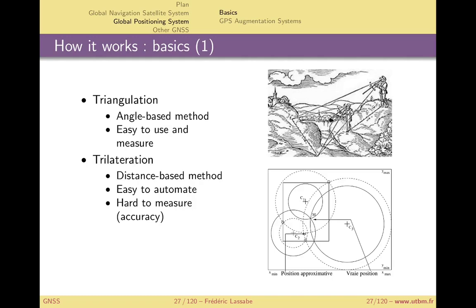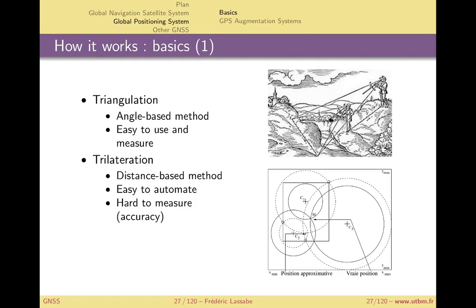Triangulation is based on angles, which are easy to get when you are manually measuring angles and computing the location, but it's not what a system like the GPS can easily do.